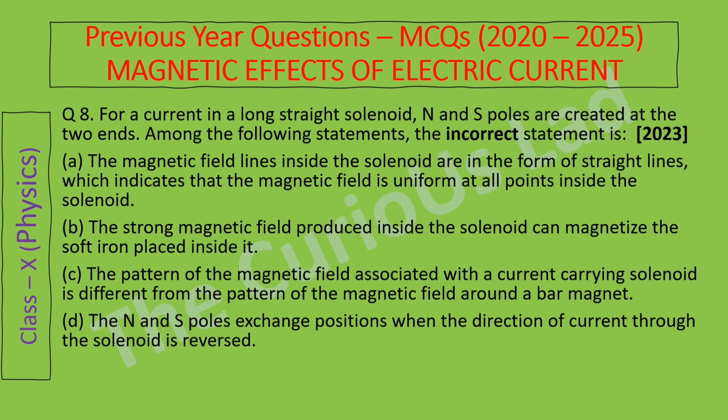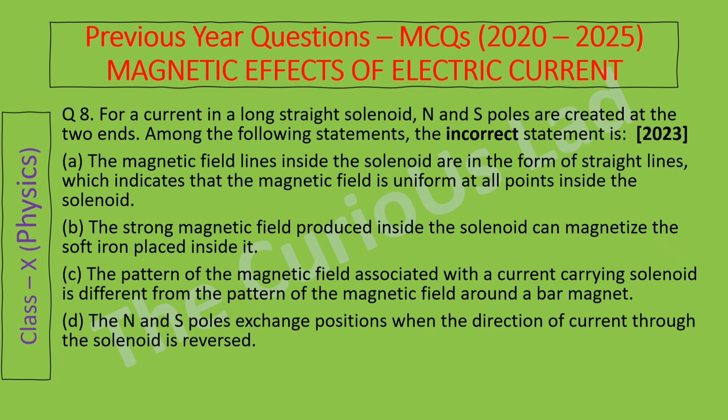Next, eighth question. For a current in a long straight solenoid, N and S poles are created at the two ends. Among the following statements, the incorrect statement is option A, the magnetic field lines inside the solenoid are in the form of straight lines, which indicates that the magnetic field is uniform at all points inside the solenoid.